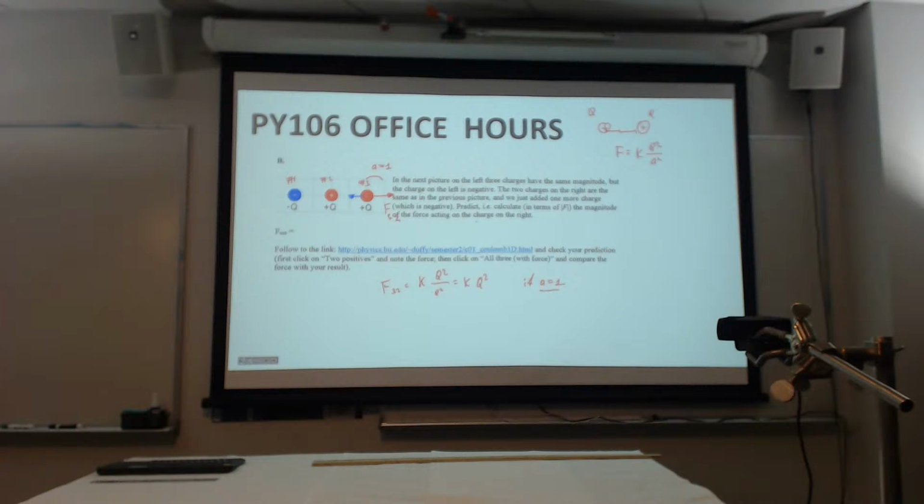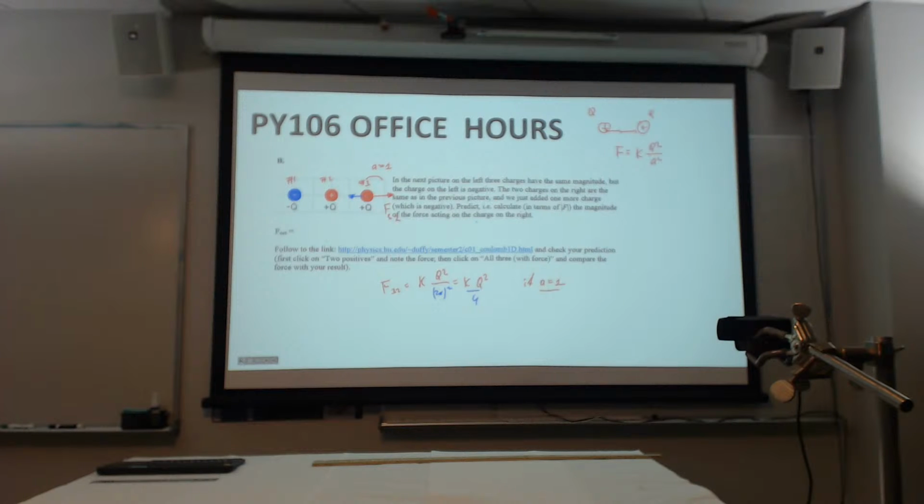Wouldn't it be over 4? Because it's 2 units away. So 2 squared would be 4. Exactly. 2A squared is 4. Correct. If A equals 1, 4.